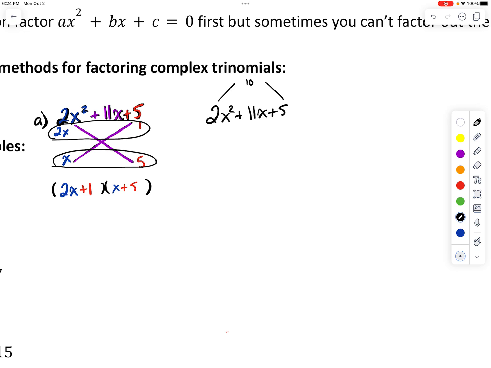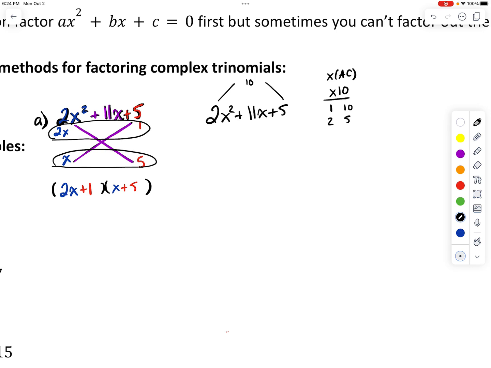I'm just looking at those coefficients. So I want to find two numbers that multiply to 10, right? Multiply to the product of a and c. So you multiply a and c, and you're trying to think of two numbers that multiply to that. Well, what multiplies to 10? 1 and 10, or 2 and 5.